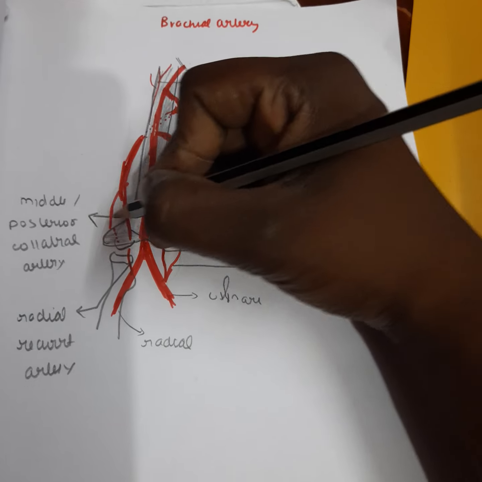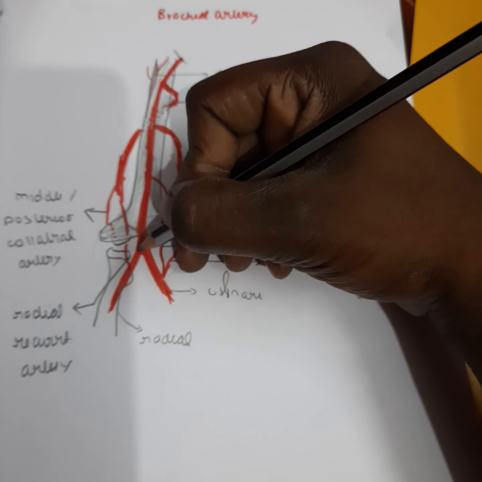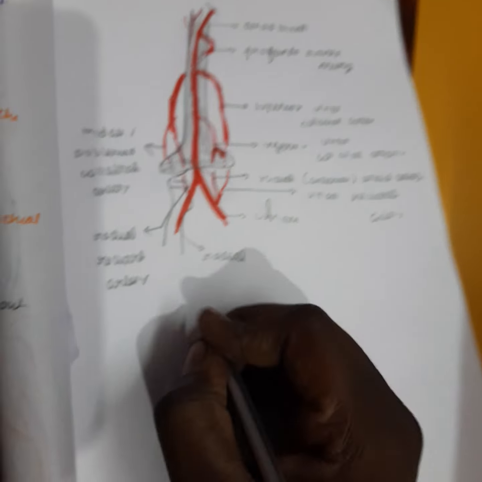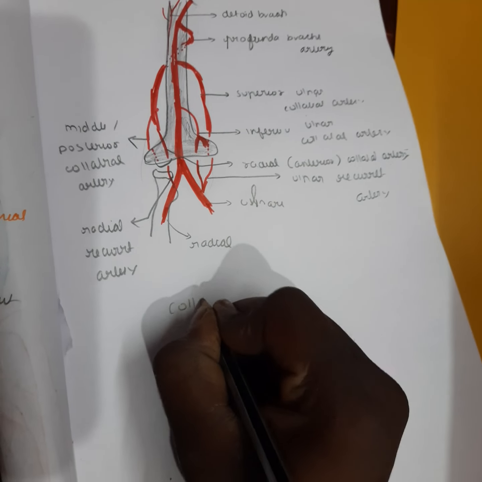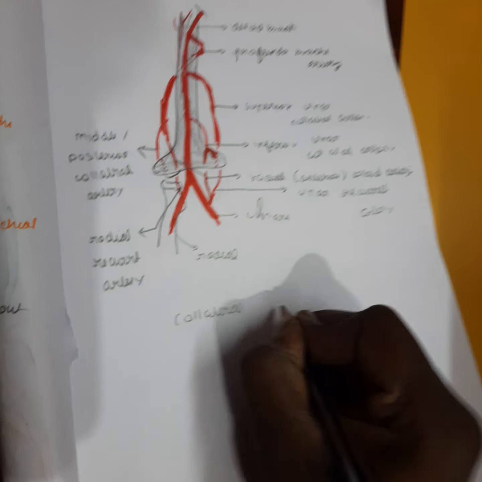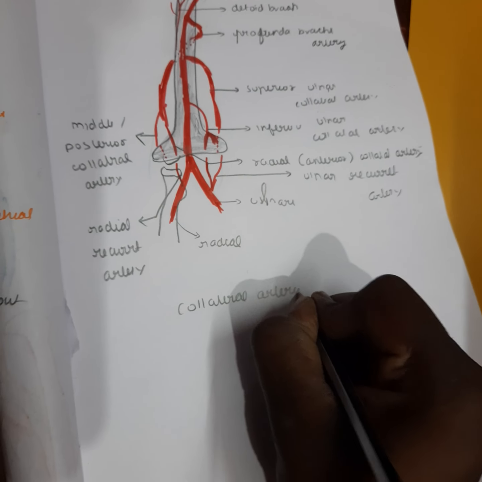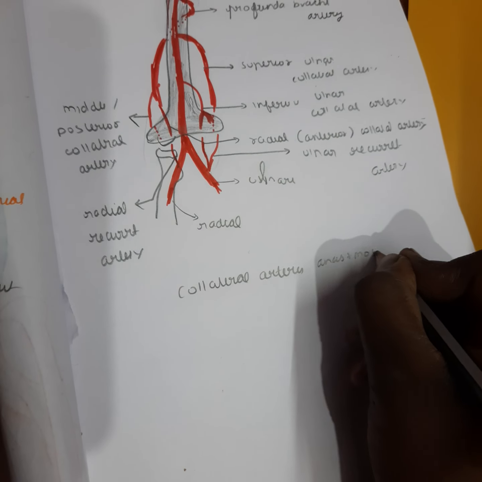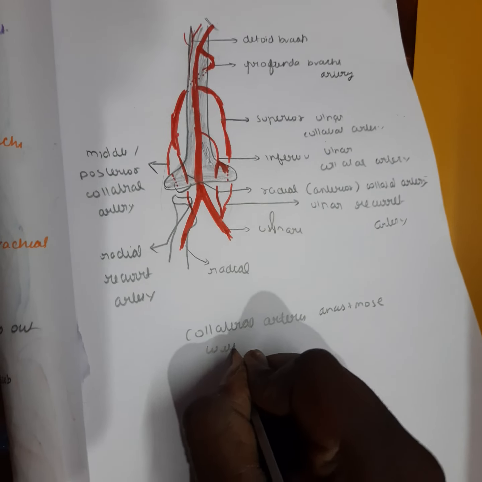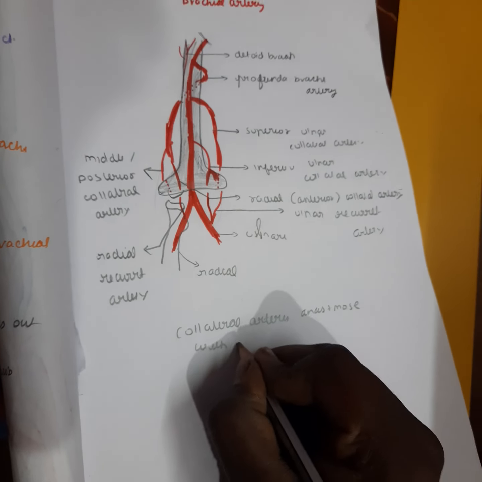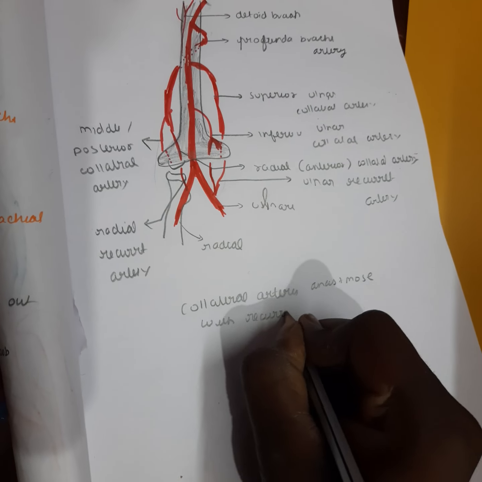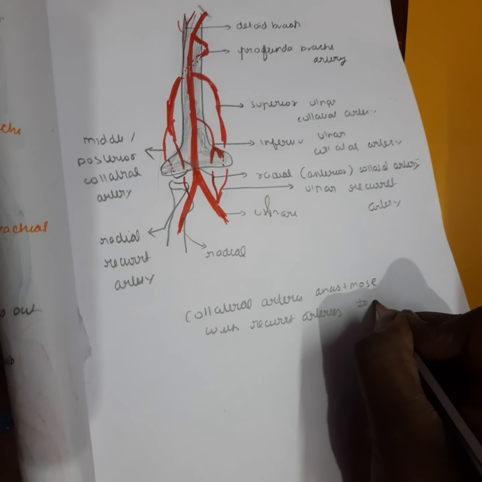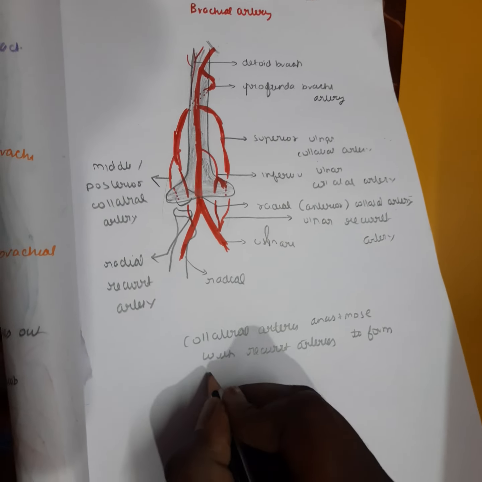These collateral arteries that we are seeing here anastomose with the recurrent arteries. Repeat with me: the collateral arteries anastomose with the recurrent arteries to form the joint anastomosis.